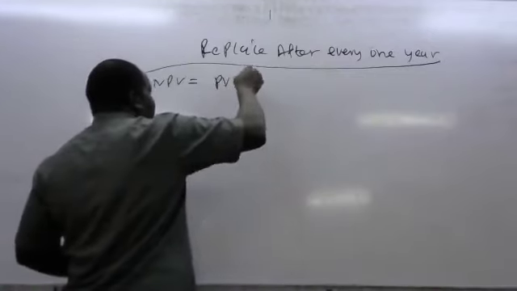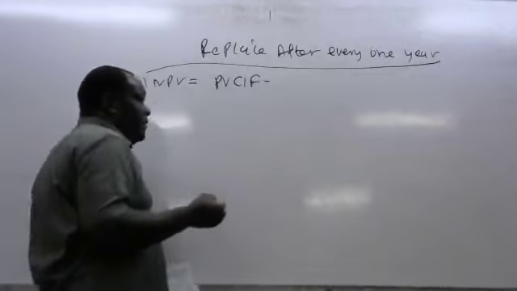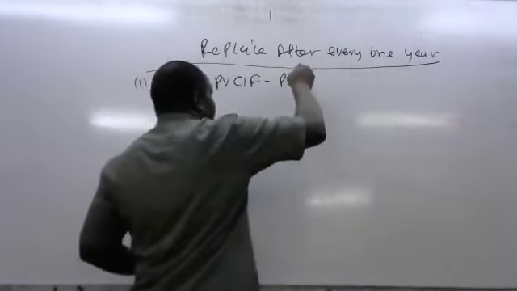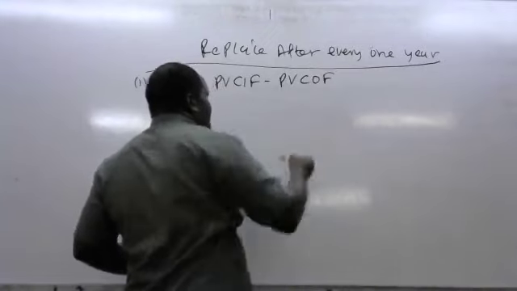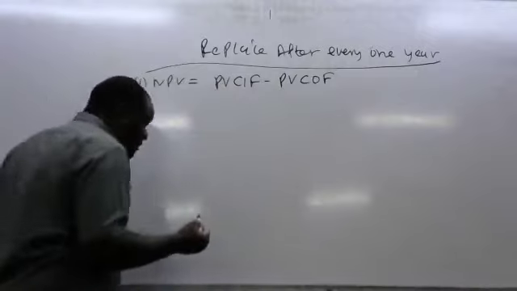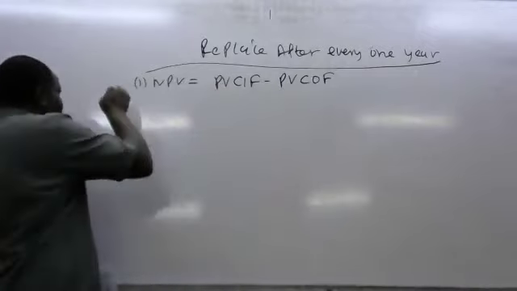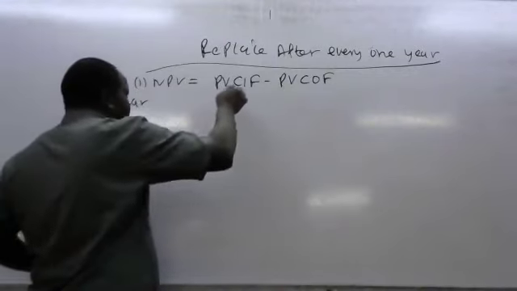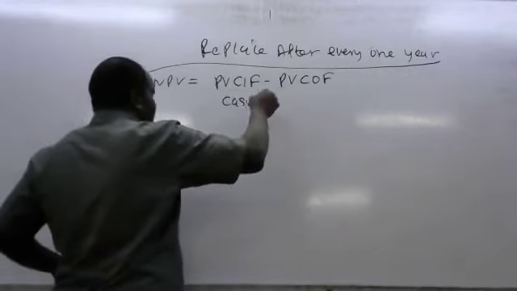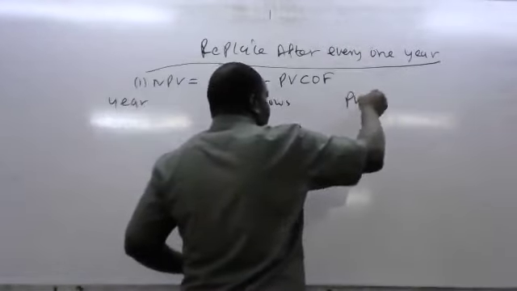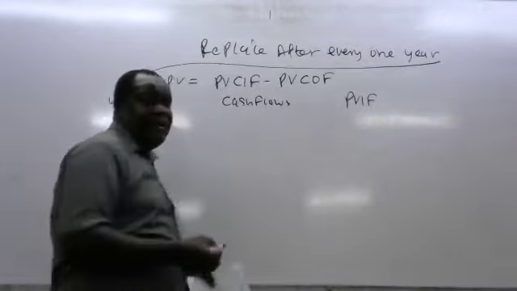NPV is supposed to be given by the present value of the cash inflows minus the present value of the cash outflows. So the cash flows are not the same. We shall be having the year, then cash flows, then present value interest factor.